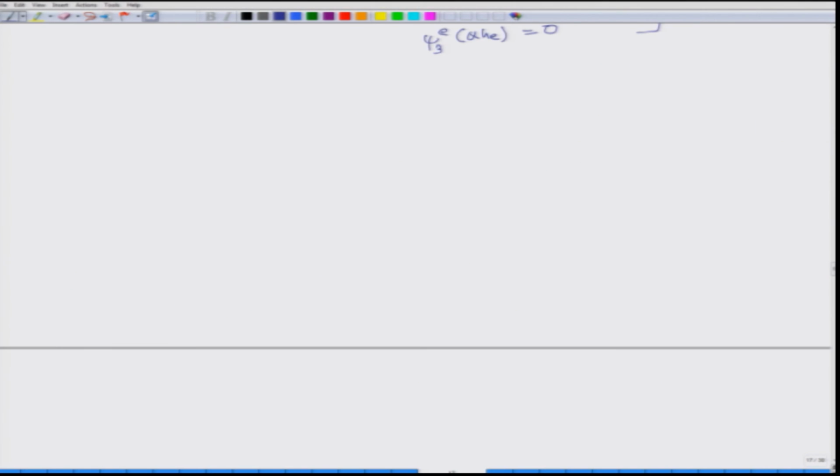Eventually what I get is that psi 1^e, which is a function of x bar, equals (1 minus x bar over h) times (1 minus x bar over alpha h^e). I don't know, you have to check that.